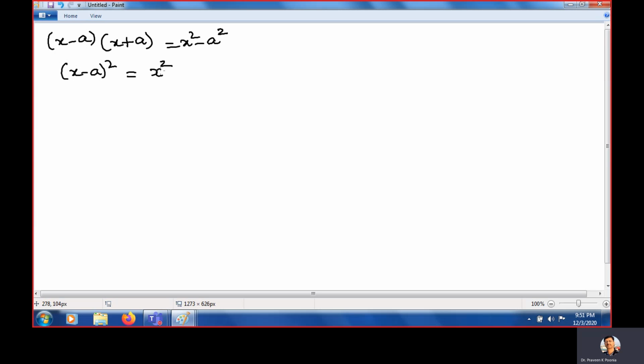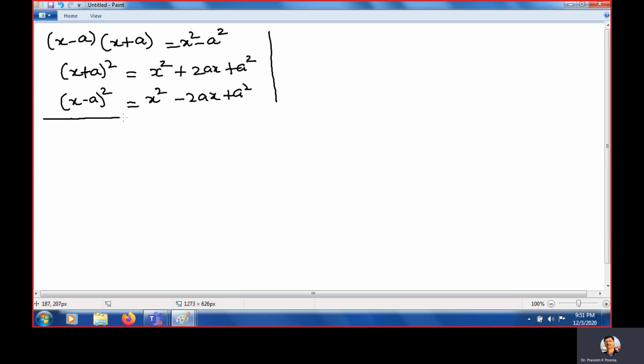It is x plus a whole power 2 equal to x square plus 2ax plus a power 2, and x minus a whole power 2 is equal to x square minus 2ax plus a square. These are the three square formulae, because we are studying the chapter on quadratic forms. Quadratic functions we are studying. So related to quadratics, there are three formulae only. Clear? You need to learn these three formulae.